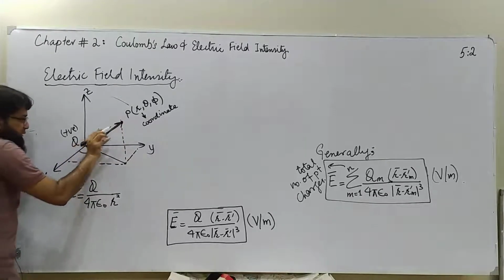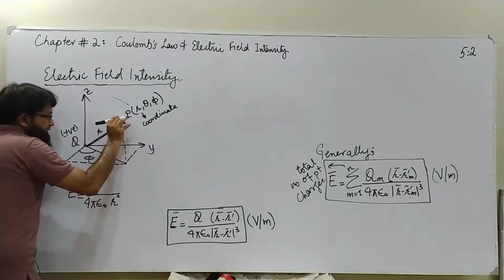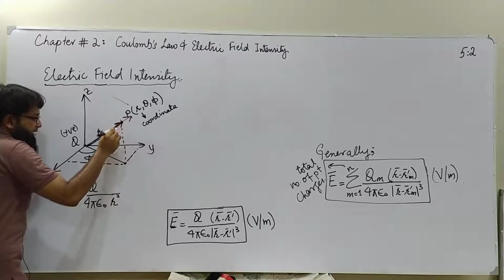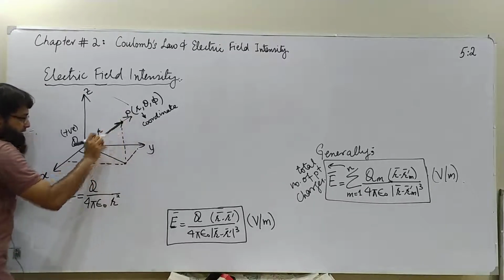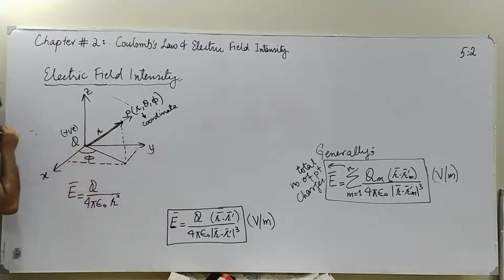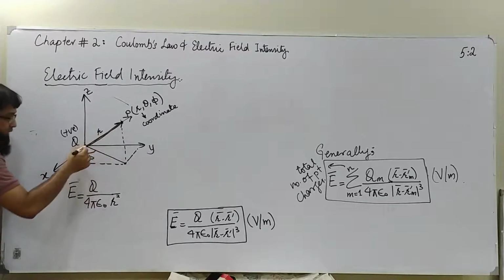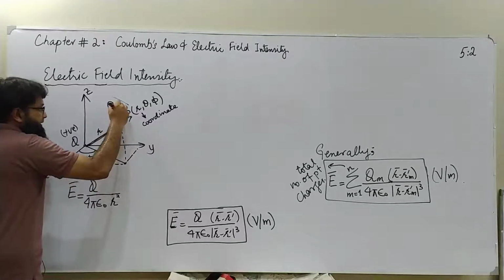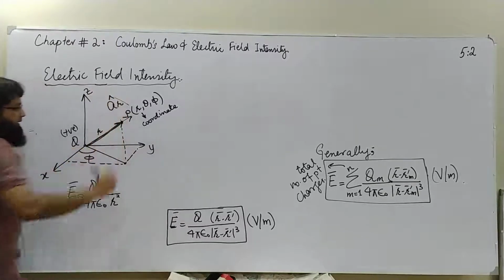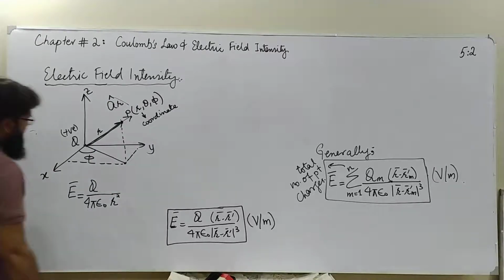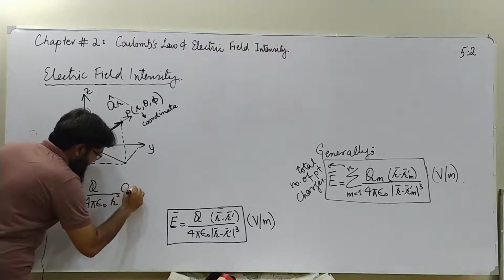The force will be repulsive because this charge is positive. So if from here I am moving in the direction joining the field point and origin, this line was r. So what is this direction? This direction can be represented in terms of the primitive unit vector small a r. So this direction is a r.